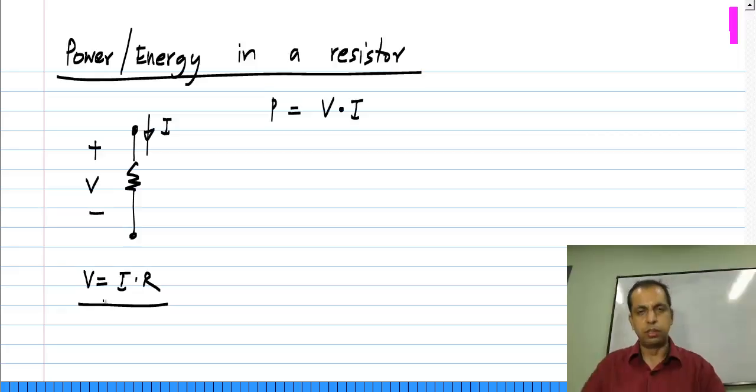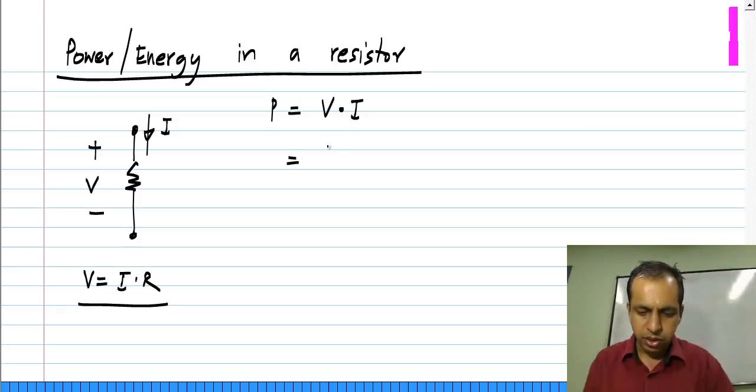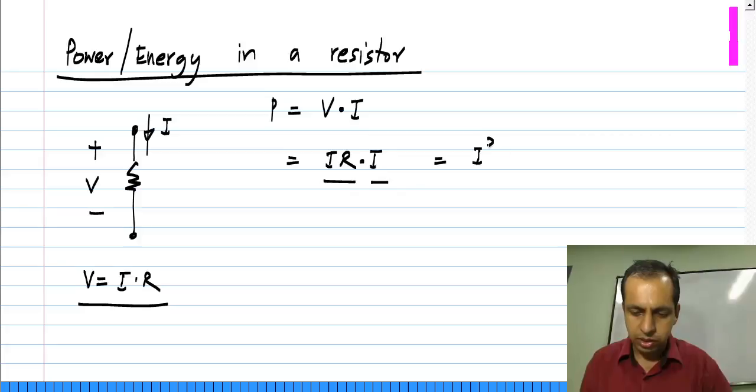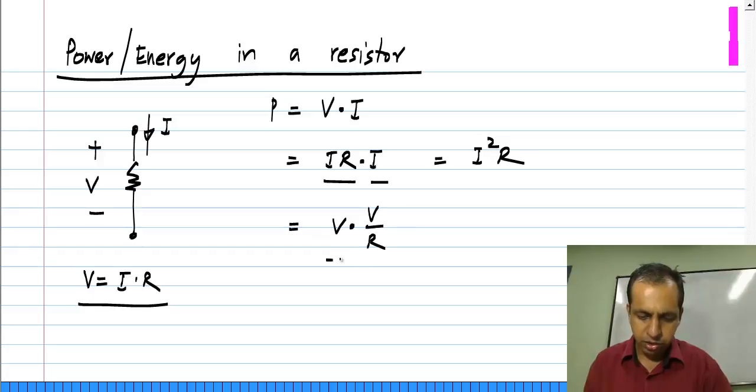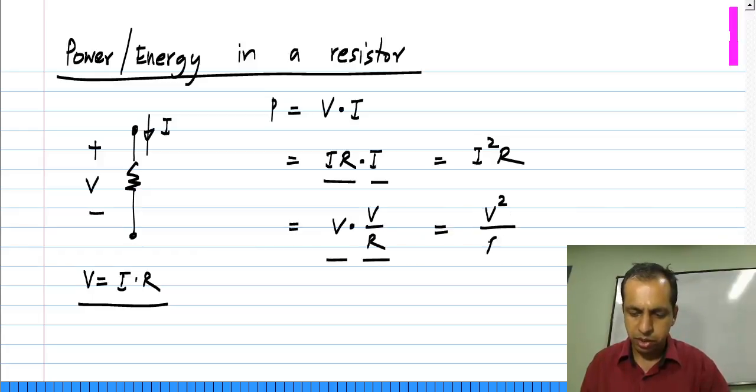So, this relationship is for the resistor, which can be written as IR times I, that is, I square R. Alternatively, it can be written as V times V by R, which will be V square by R.